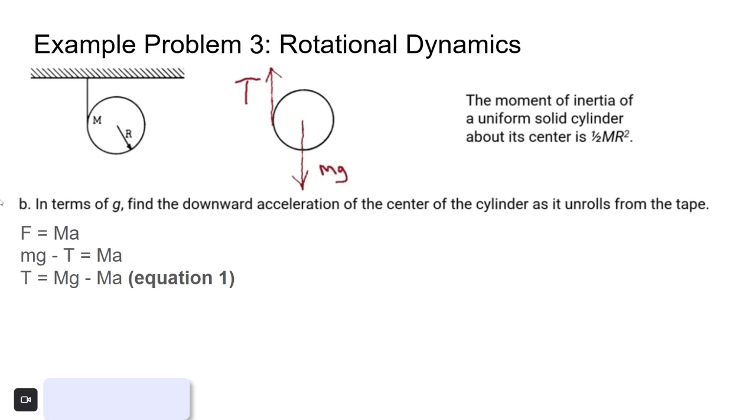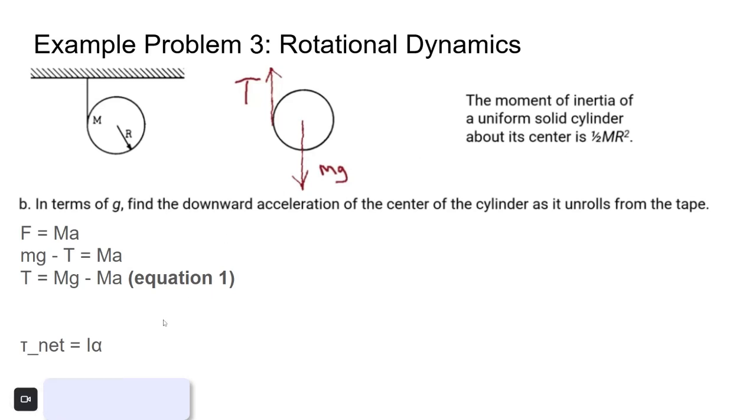Now let's think about the rotational motion. What's causing the cylinder to rotate? It's the tension from the rope. The tension acts at the rim of the cylinder, a distance r from the axis of rotation, meaning the tension T will create torque. The torque tau is the force times the lever arm distance, which is T times r. We can use Newton's second law for rotation. Torque net equals I alpha. We're given I equals 1/2 mr squared.